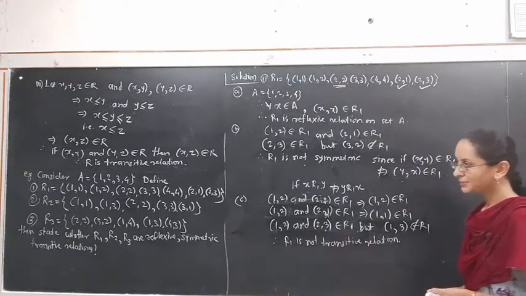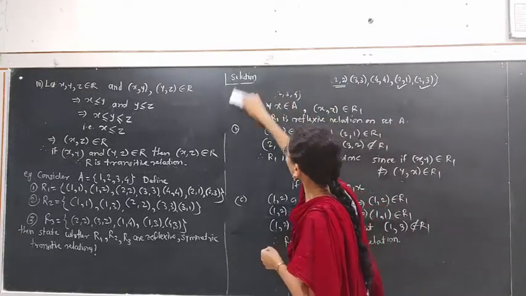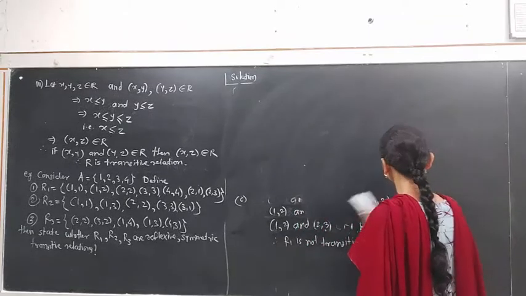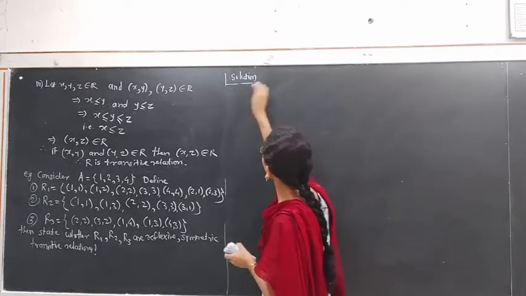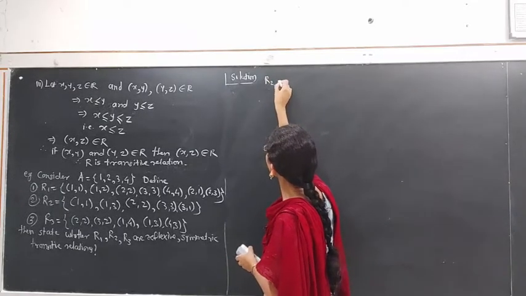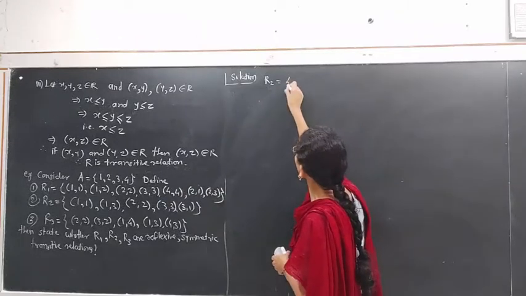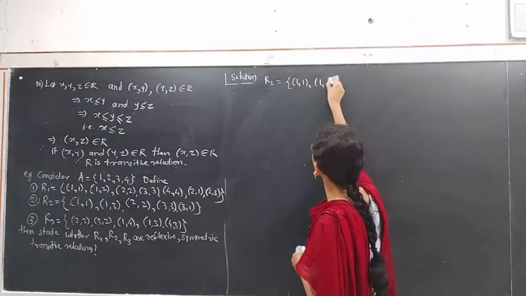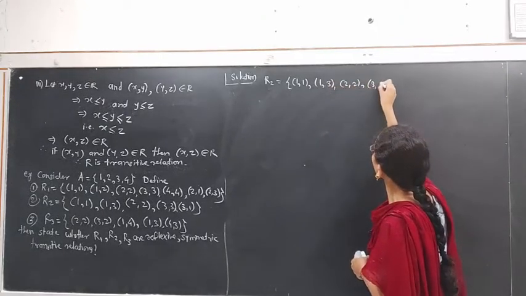Now we consider the second example. Consider R2. R2 is defined, in the given example, as (1, 1), the ordered pair (1, 3), (2, 2), (3, 3), (3, 1).